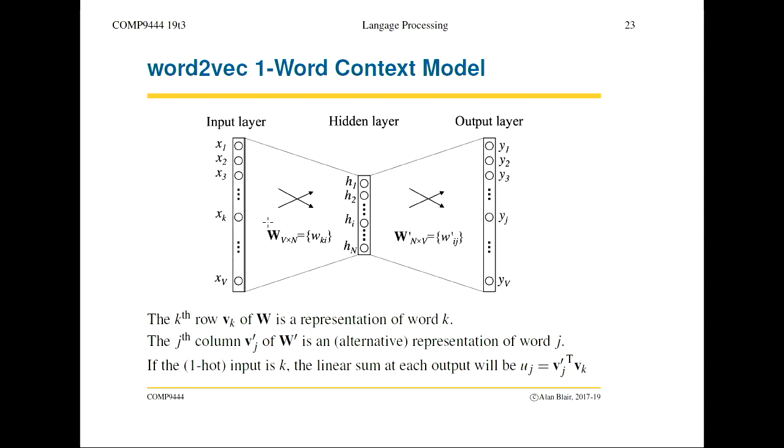Because this representation is a one-hot encoding, let's say the input word is house, and that's word number 3. So there'd be a 1 here, and everything else would be 0. So when we multiply this out, all that matters is the weights from this unit to the hidden units.